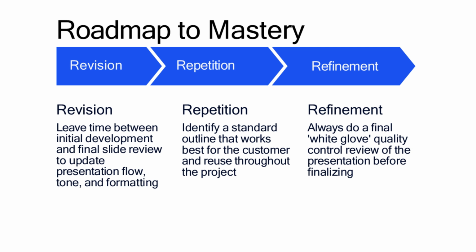You want to retain the control of the updates by allowing everyone to pay attention to what you're saying and not be so distracted with all of the issues that are on the slides because you didn't do the quality control steps. So, roadmap to mastery, revision, repetition, and refinement.